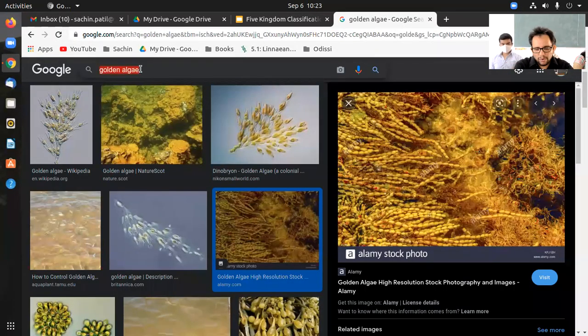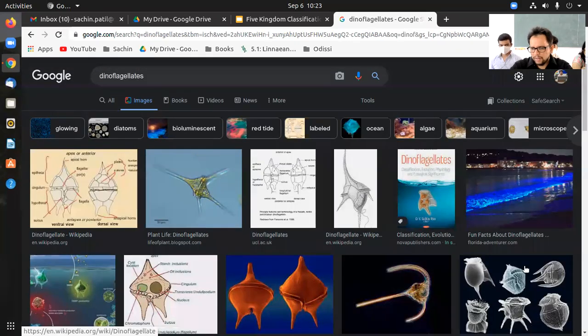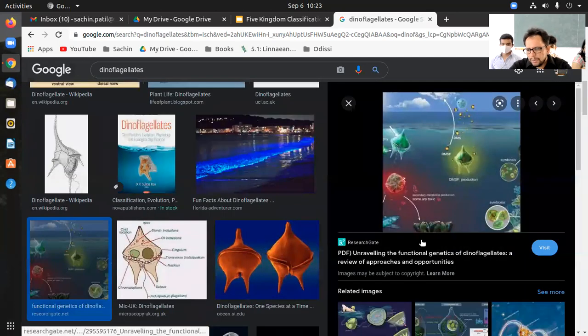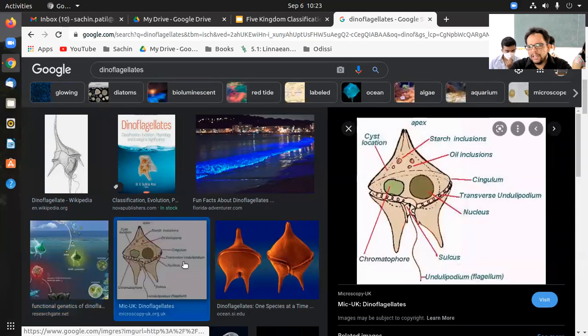You would know this for sure, dinoflagellates. I guess this one would be a good picture. Ideally, the diagram is like this.